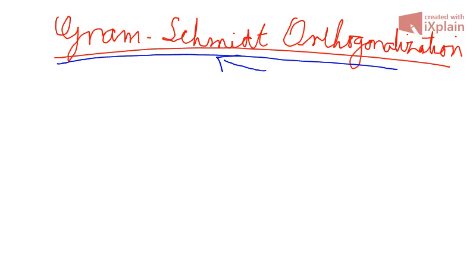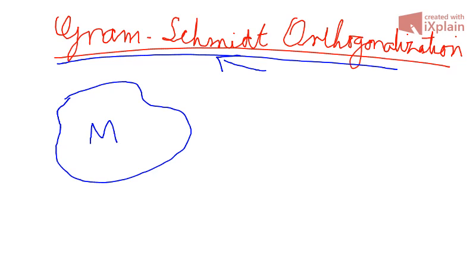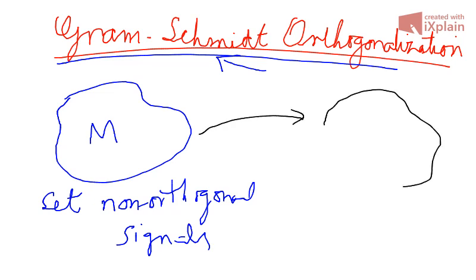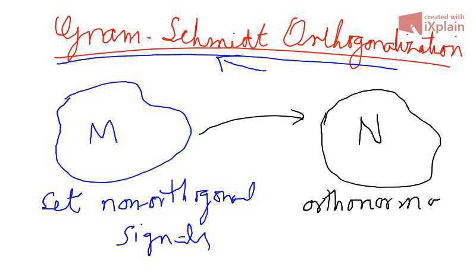Suppose you have a set of m non-orthogonal signals, and you want to convert or form another set of n orthonormal signals, right?